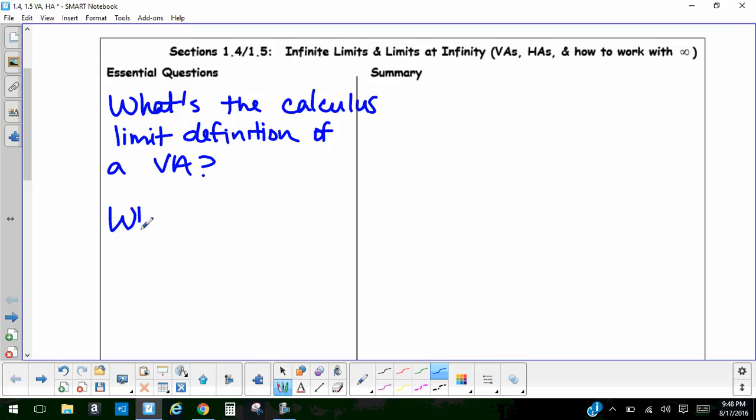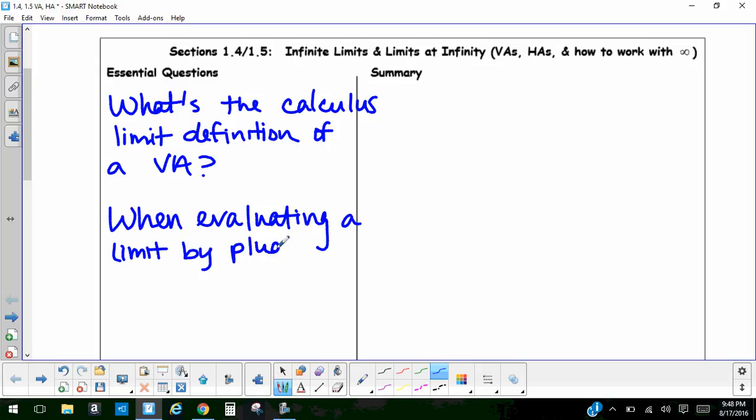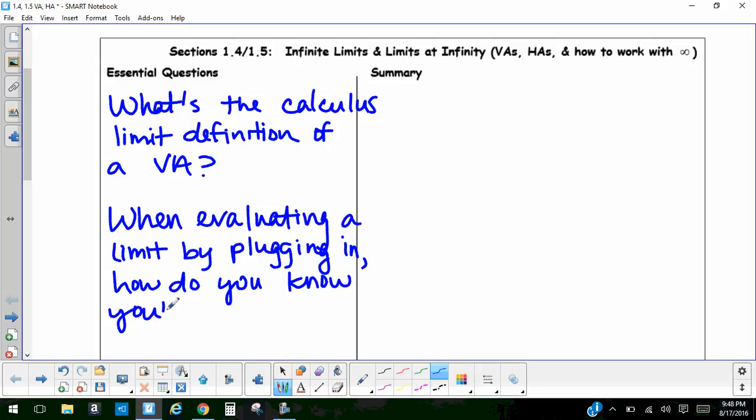And then when evaluating a limit by plugging in, how do you know you're dealing with a vertical asymptote?